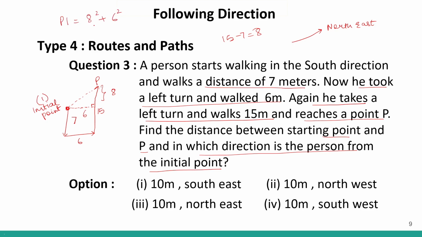So 8 square is 64, 6 square is 36, total is 100. So PI square is equal to 100. So we have to find the distance PI, which will be the square root of 100, which will be 10. So 10 meters towards the northeast will be the correct answer, which is option number 3.